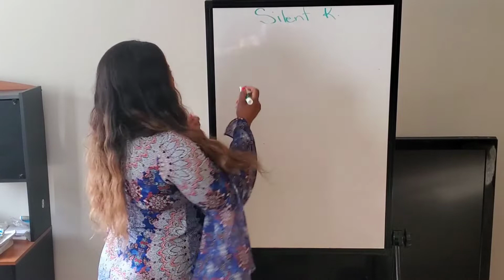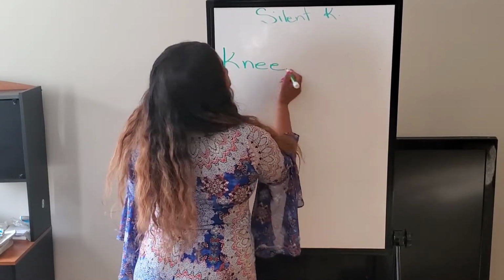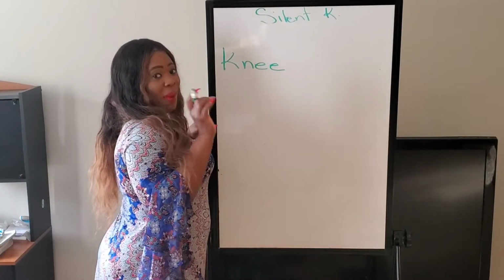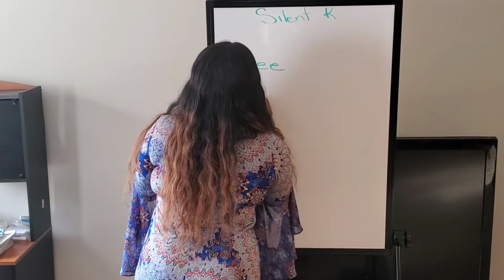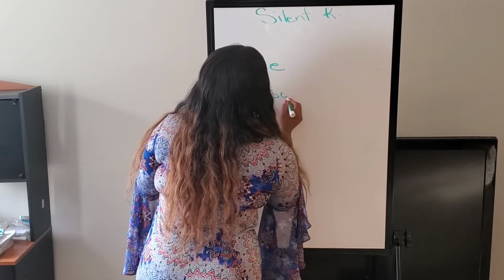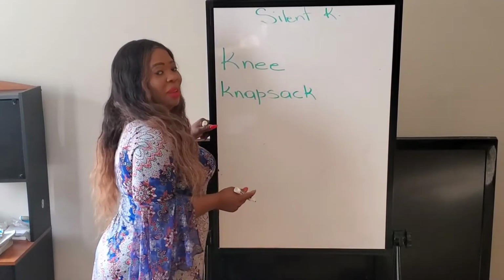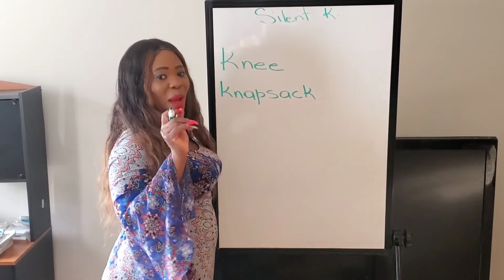Knee. Beautiful. Another? Good. Since it's almost back to school time, let us look at knapsack. Knapsack. Yes, it's that same little thing that you carry on your back, that bag.